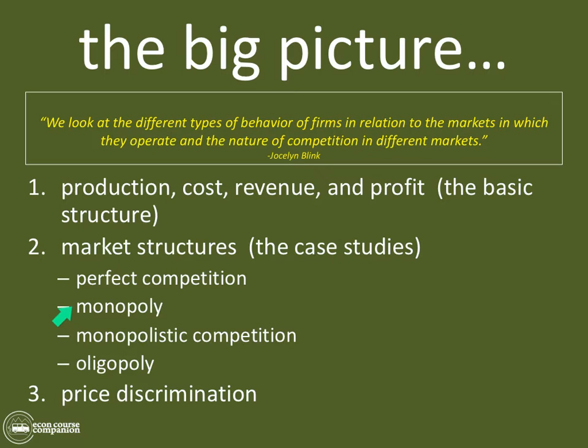Admit it, your behavior would be different if you were the only firm providing this one good. If you were the only supplier of something, you would probably try to charge the highest price you possibly could while still selling some goods, to make the highest profit. That's how you can understand monopoly.